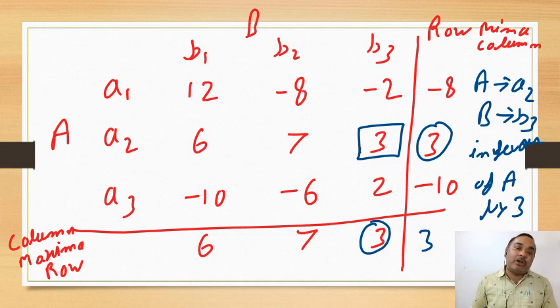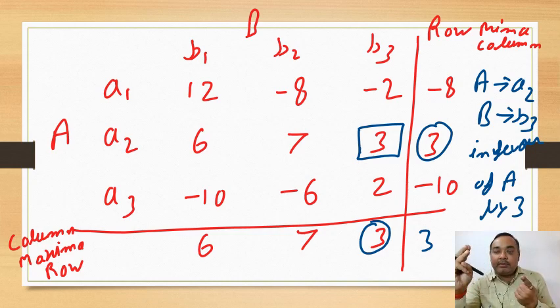Similarly, from each column select the maximum. 12, 6, -10: the maximum is 6. Then 7. Then 3. So, again repeating, first go for row minima, then go for column maxima.